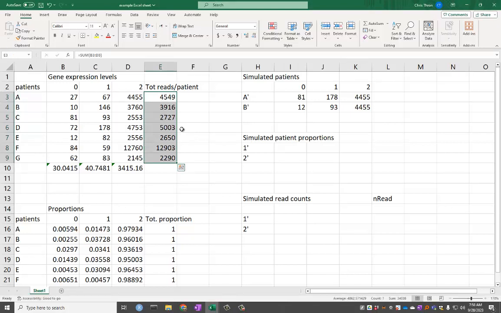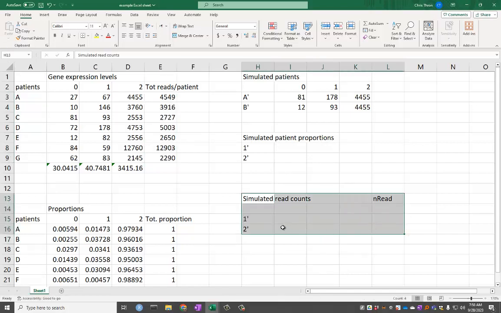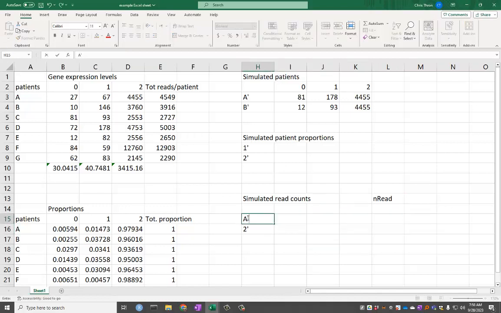I'm going to use these numbers to generate the read counts for my observations of the patients. That's in this table down here. For my patient, I should call this patient A prime, and this is patient B prime. So my read count for patient A is randomly chosen from here.